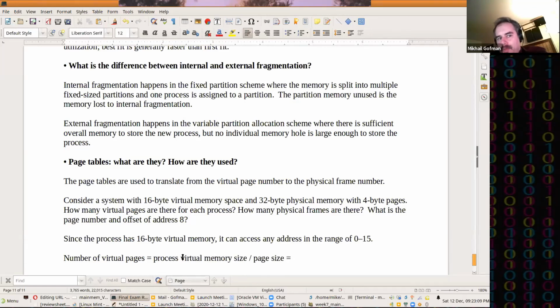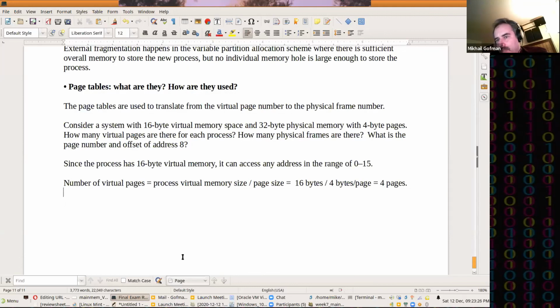So we will divide 16 bytes, which is the total memory, by 4 bytes per page, which will give us 4 pages.